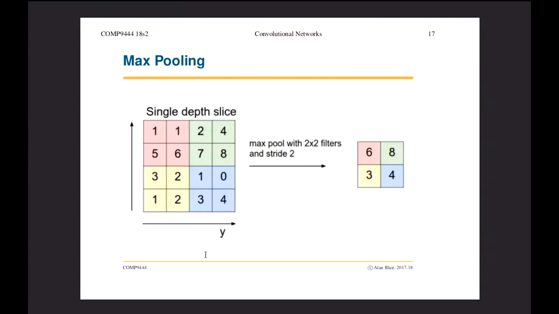So I look at little blocks of 2 by 2 neurons, and I pick out the maximum value in this block of 4. So I say, okay, these 4 neurons here, the biggest value is 6, so I copy that across. The biggest value here is 8, the biggest value here is 3, and the biggest value there is 4.